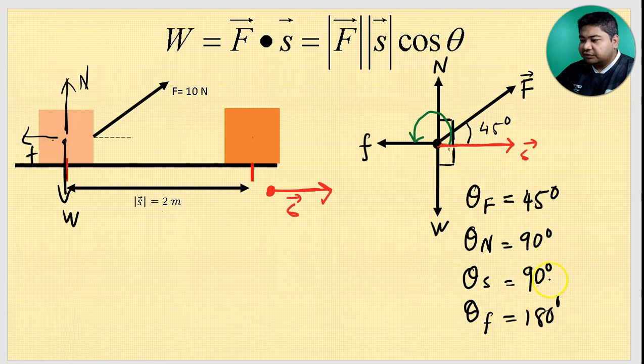This is the first step to calculate the net work done on the object. In the next slide, I'm going to show you the method that I've used to systematically solve for the net work done on an object.